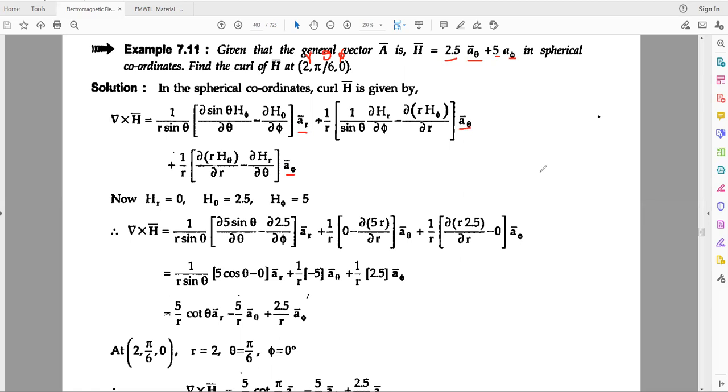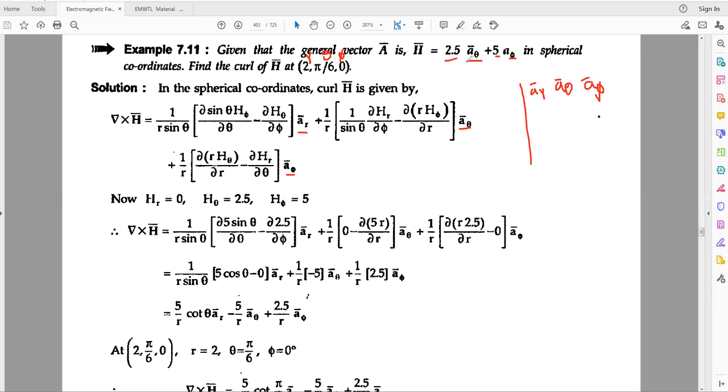Since it is a spherical coordinate system, after applying the del function, we get 1 by R sine theta, dou by dou theta of sine theta H phi, minus dou H theta by dou phi, plus 1 by R. This is the formula we have for del cross H bar in the spherical coordinate system. In the last class we also saw del cross H bar in the cylindrical coordinate system.